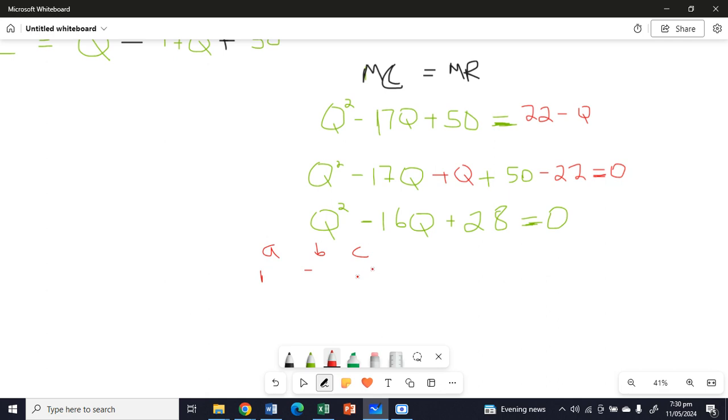Now, if you are very well versed with quadratic equations, you don't need to do what I'm doing here. Once you find your A, B, and C, you're just going to say A multiplied by C, the coefficient of q squared multiplied by the constant, the number without any q. So that is 1 times 28.